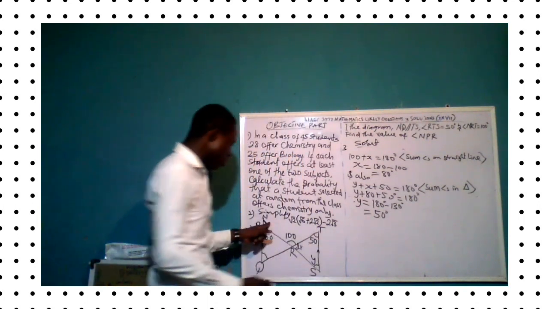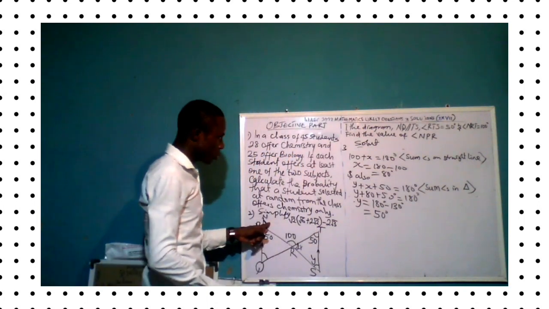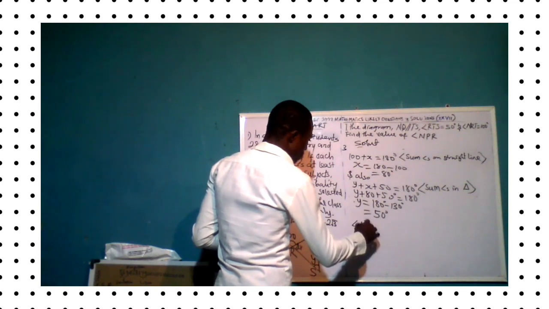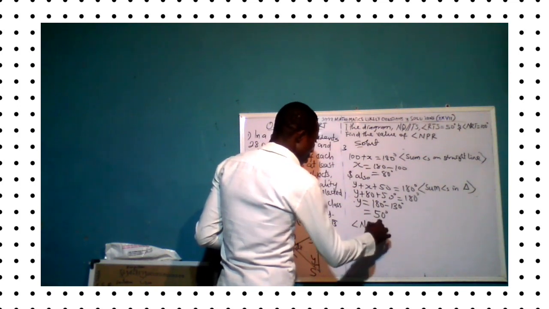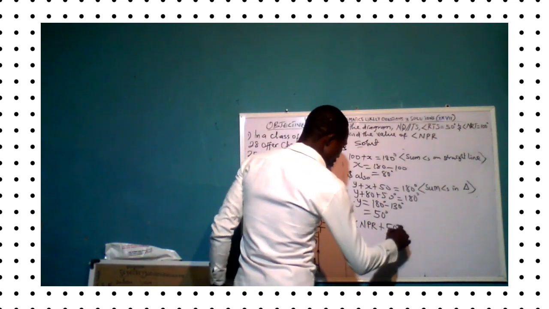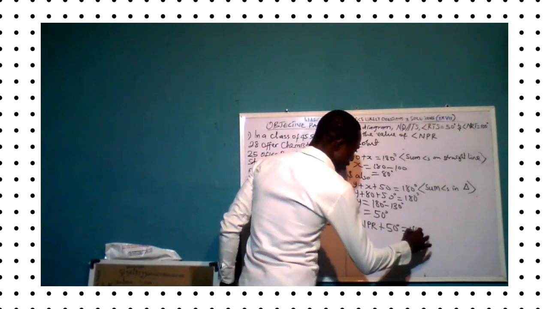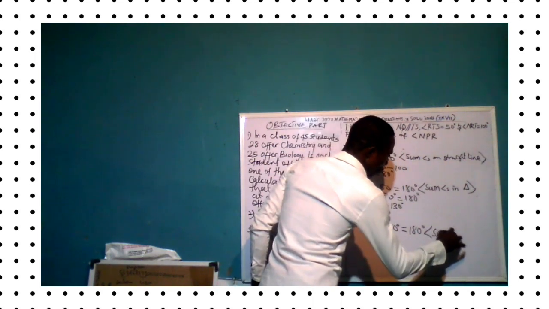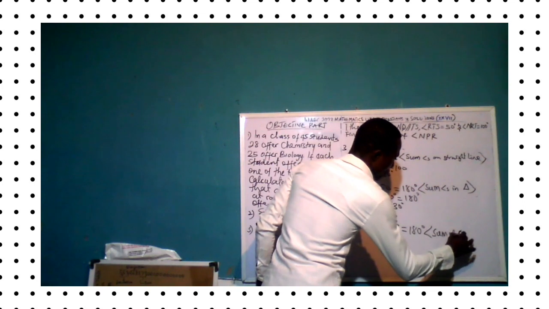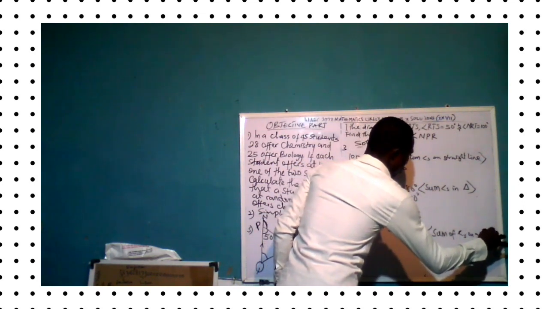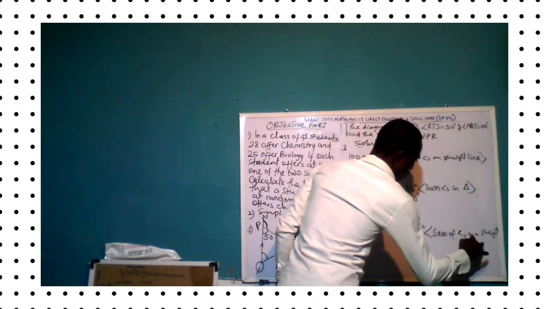And if you look at this angle and this angle we are looking for, it's giving us sum of angles on a straight line as well. Therefore, you have your angle enclosed by NPR at P plus 50 degrees is equal to 180 degrees. And what's the reason? Sum of angles on a straight line.